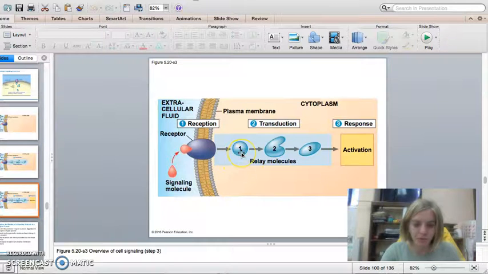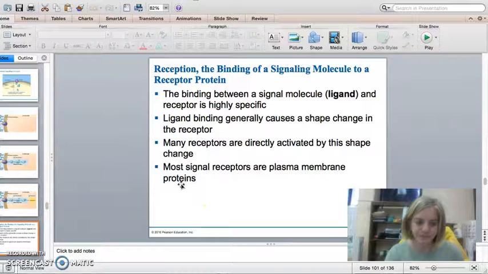So the molecule usually will change shape during transduction, or it might send messages to other molecules that will change shape. But it's usually a series of events, so typically this is known as a signal transduction pathway. And then eventually we get the response, which can be any variety of activities in the cells that result from these hormone receptor molecules receiving the signal from the hormone.